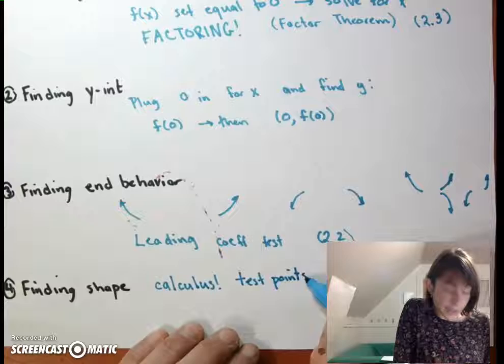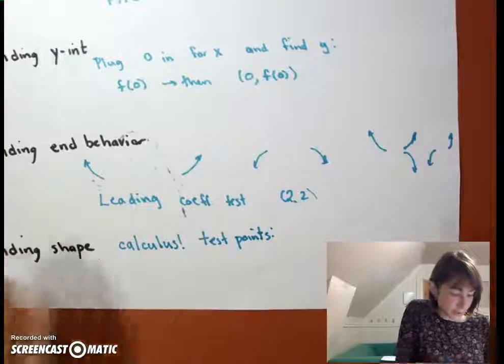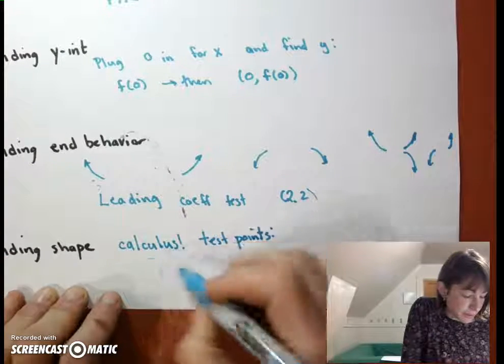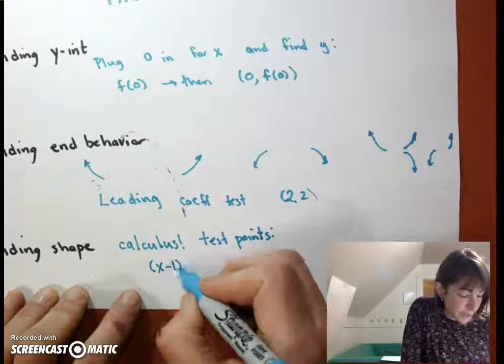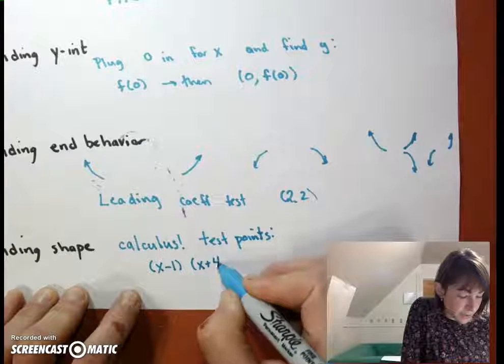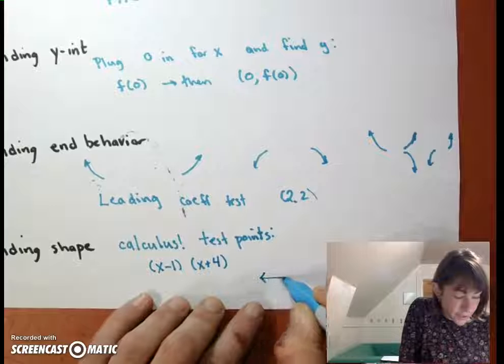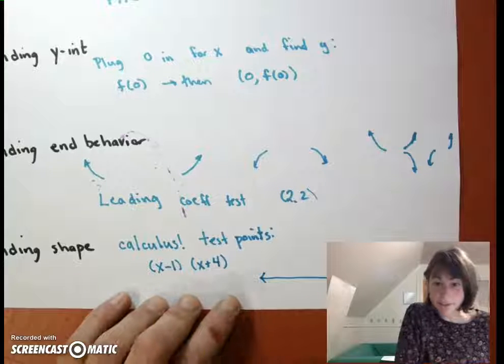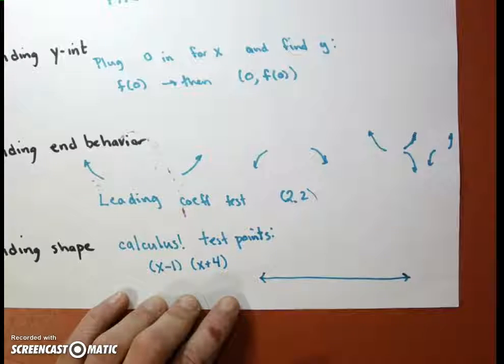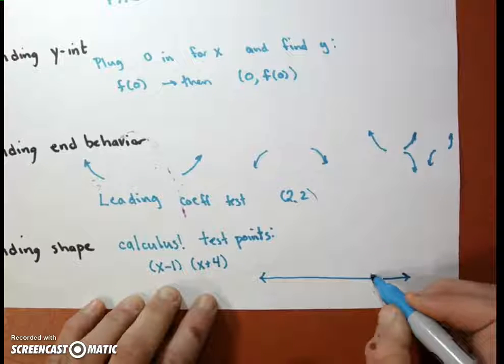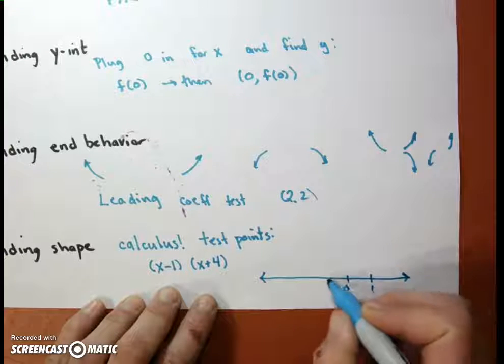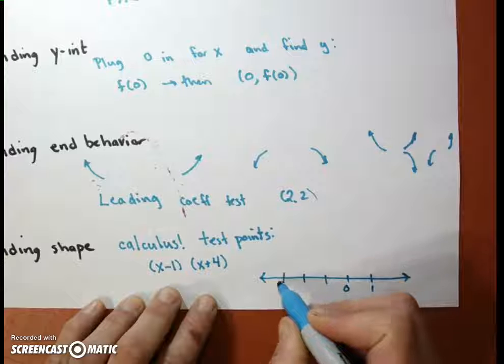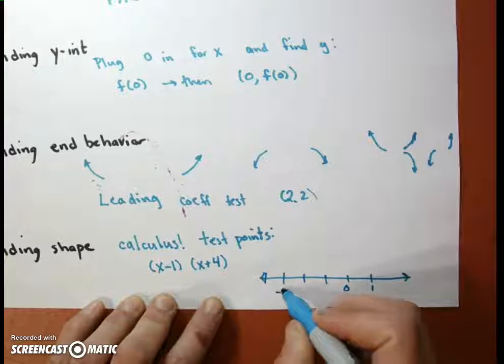So the best way I can explain this to you is through an example. So say my polynomial is (x - 1)(x + 4). Then, if I'm trying to graph it, I know that I have a root at 1 and negative 4.